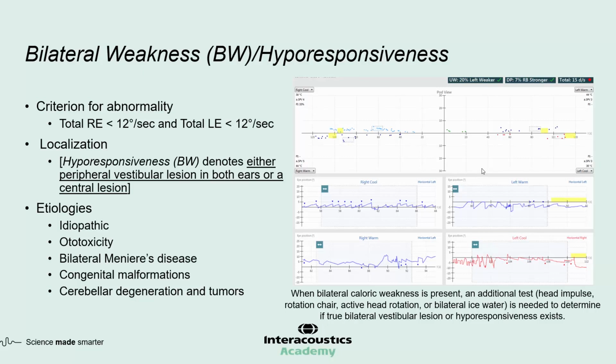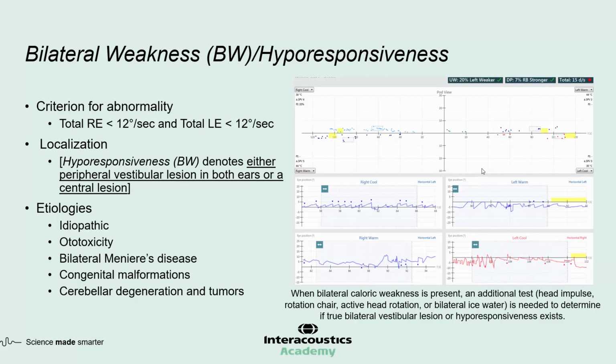In the old days we used to do bilateral ice water testing. We don't do that, and it's not really recommended. So if one of these tests, specifically rotation chair or head impulse test, confirms the bilateral weakness as bilateral vestibular loss, then you can conclude that the patient has a hyporesponsiveness in both ears.